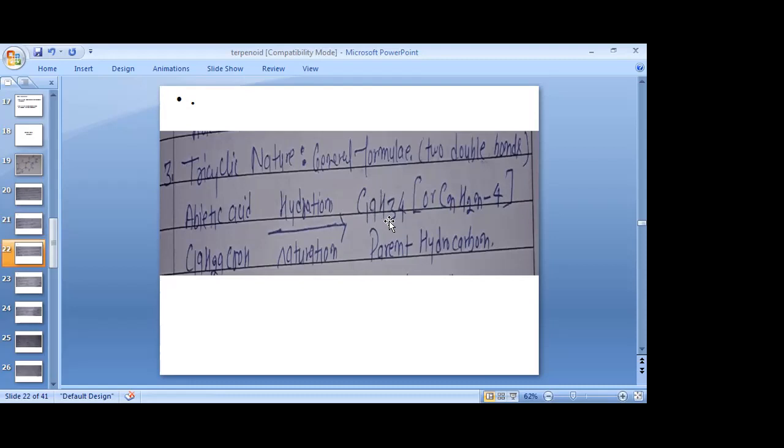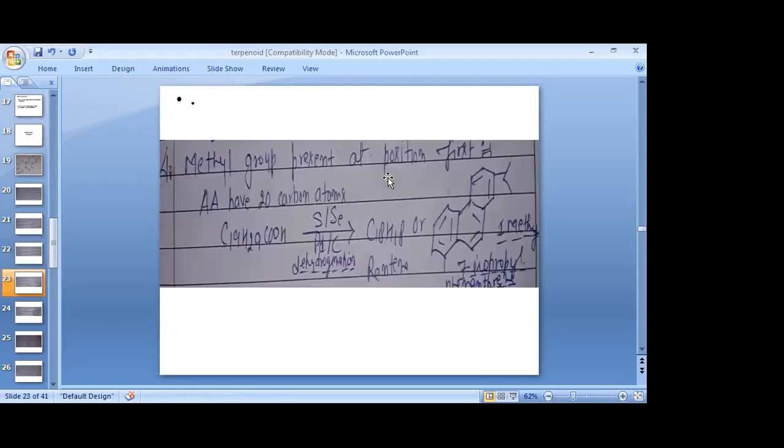Whether a compound is tricyclic or not is confirmed by the hydrogenation test. First we convert it into a saturated compound, meaning the two double bonds convert into single bonds by addition of 4 hydrogens, and after that the COOH group is replaced by hydrogen and it converts into C19H34, which belongs to the formula CnH2n minus 4, the general formula of a tricyclic compound. So this is the confirmation of the tricyclic nature of abietic acid.